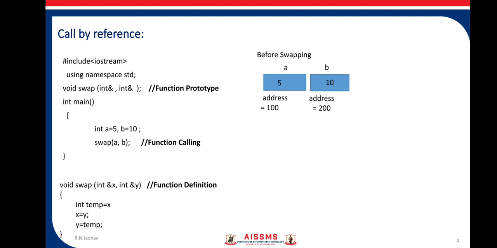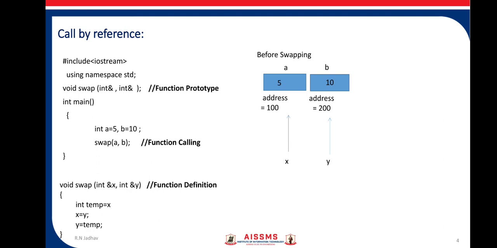Here two new variables x and y are not created. We are just creating a reference. That means we are creating reference x to the same memory location which is accessed by variable a, and another reference y to the same memory location which is accessed by name b. So we are creating alternate names to the variables a and b, and these alternate names are respectively x and y.